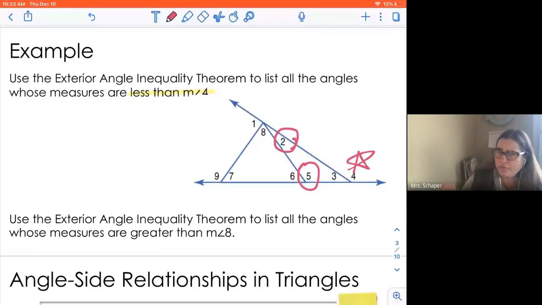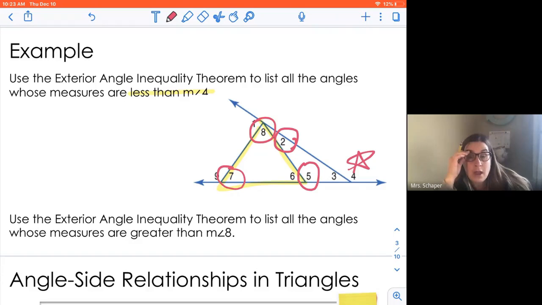Now, 5 is an exterior angle to this triangle. So what we know is that 5 is also going to be more than 8 and 7. So if 8 and 7 are less than 5 and 5 is less than 4, we're using that transitive property, we can say that 8 and 7 are also going to be less.